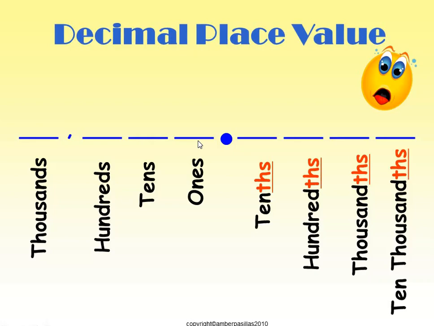I will start with the tenths first, as you can see here, then I have the hundredths, then the thousandths, then the ten-thousandths, etc. Here, I end it with an index, which is THS. It's the index. I will end every place value with it.